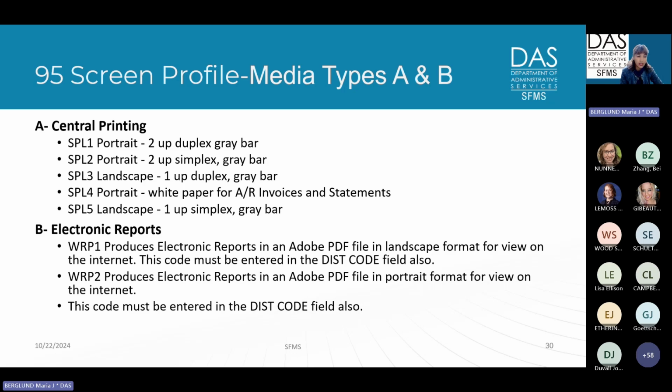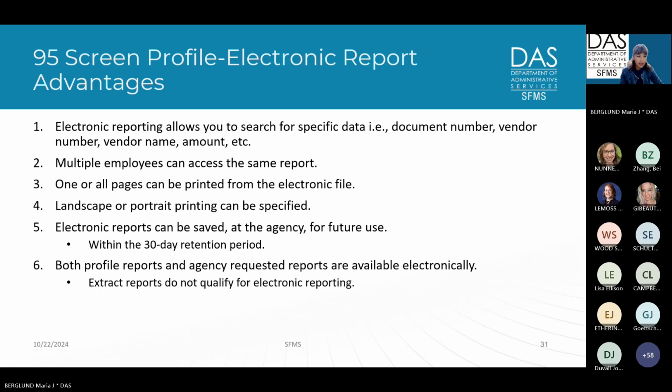For the electronic version, we have 2 types. We can set up WRP1, which would be the landscape version, or WRP2 if you want to get the report as a portrait PDF. So the electronic one will be produced as a PDF. It has many advantages.